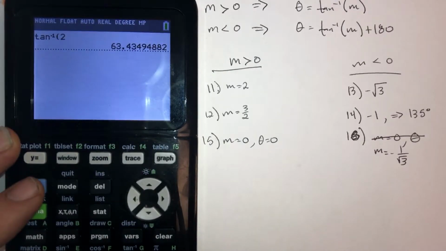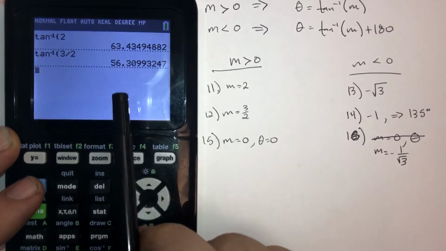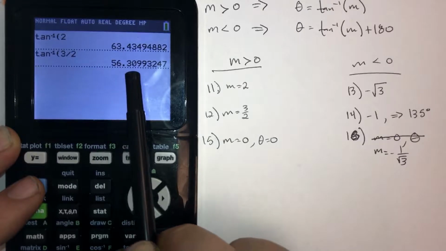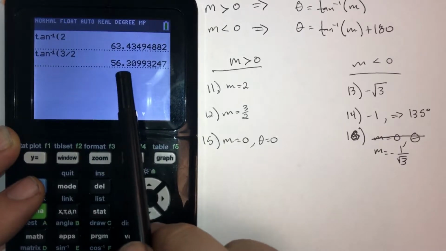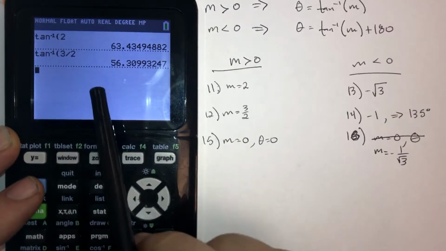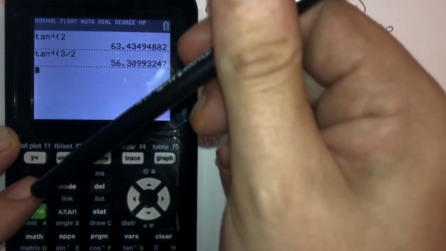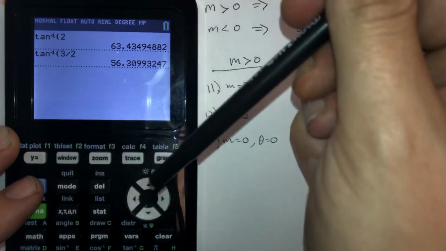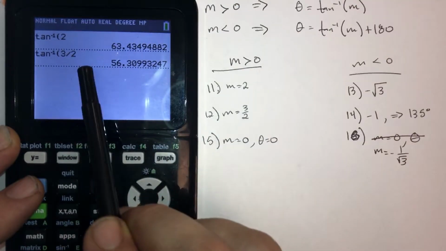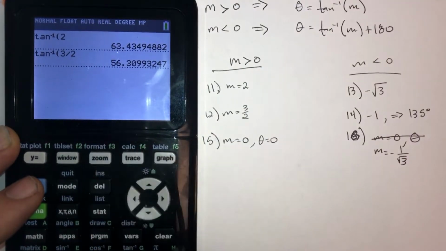Tangent inverse of 3/2 is 56.309, let's say 56.310. That makes sense. That should be a positive slope that's just a little better than 45 degrees, because rise over run says I go over 2, up 3.